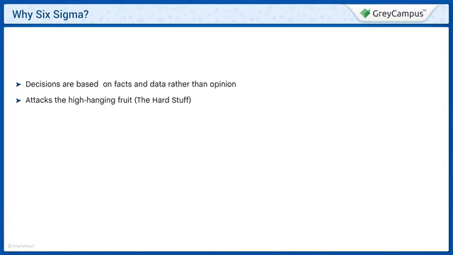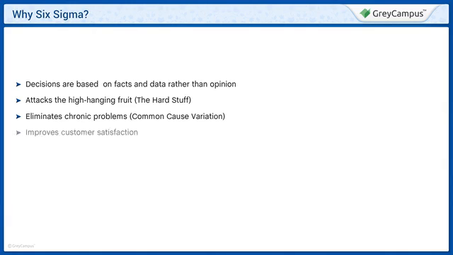Six Sigma addresses complex or critical pain areas first. It eliminates chronic problems in your process. Chronic implies a long duration or lasting for a long period. Once the chronic problem is eliminated, customer satisfaction is improved. The customer could be your internal or external customer, depending on the process you are engaged in.